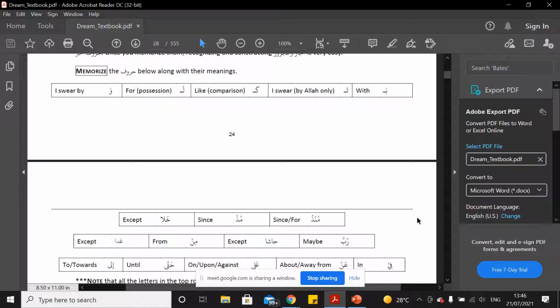Yes, and the wow, you said only if that wow's job is to swear, then it makes it a jar. Yes. But wa usually is in the beginning of the sentence as a connection. It's not this wow as a jar wow. It does not come in the middle, right? It usually comes at the beginning of the sentence. And there is another wow, the connector wow, which is called ataf.